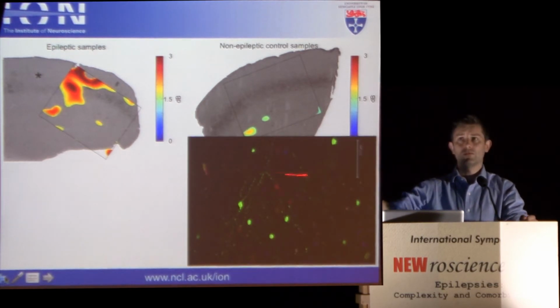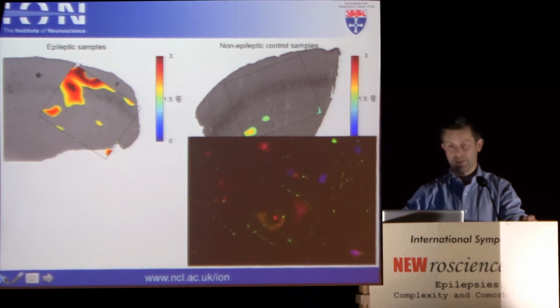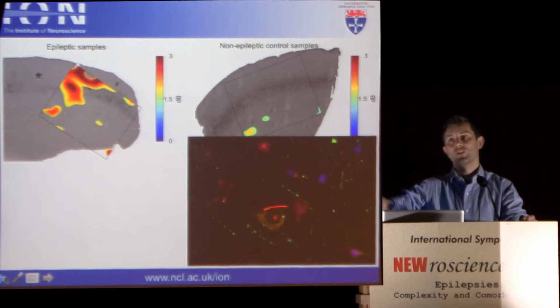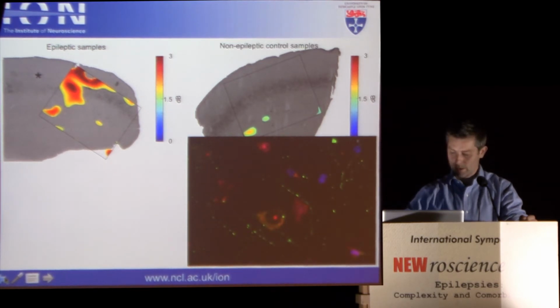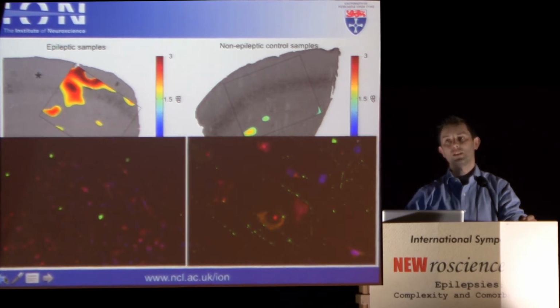And again, we can resolve down and look at these regions in more detail. So here is a chunk of tissue from the control sample. You can see lots of nice, healthy-looking parvalbumin stained interneurons with lots of terminals. And you can go down even further and see that these are clearly targeting the perisomatic region of the principal cells.